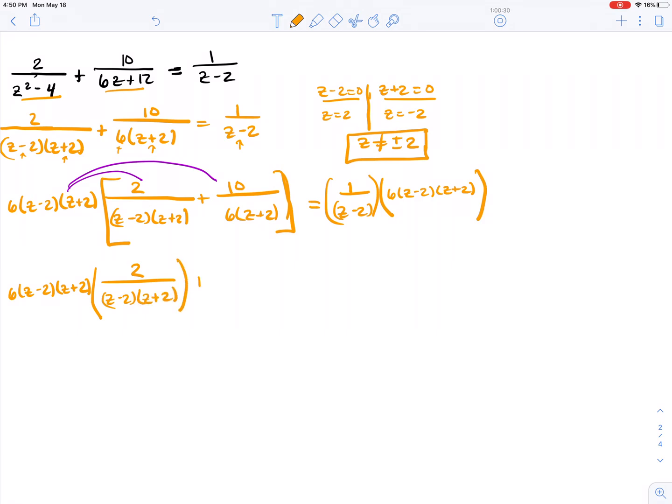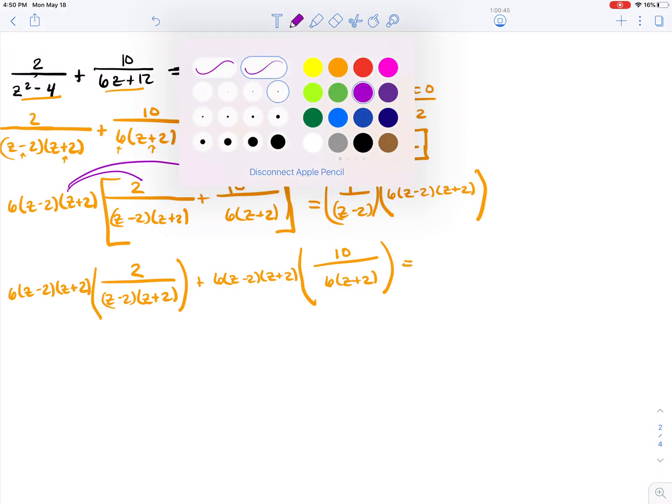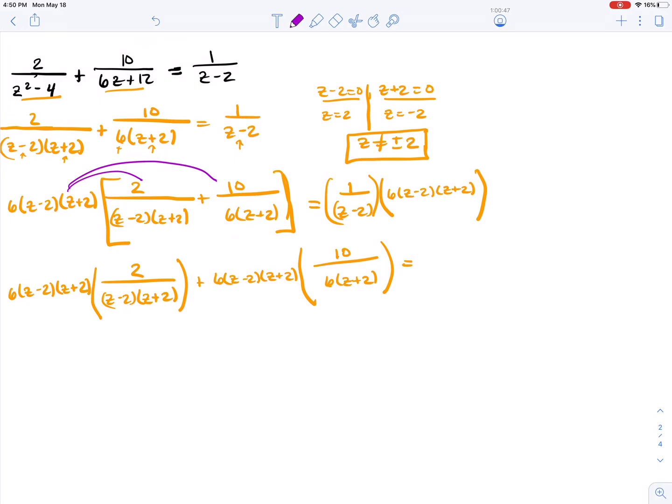Now, plus 6 times z minus 2, z plus 2 times 10 over 6, z plus 2. And I'm going to go ahead and start reducing my right side. I have z minus 2, z minus 2. So that leaves me with 6 times z plus 2 on the right side over 1.